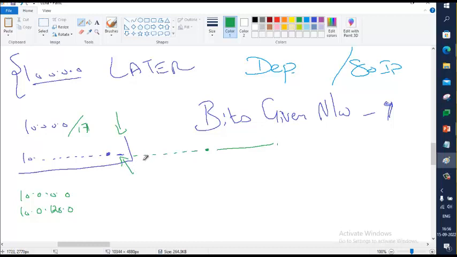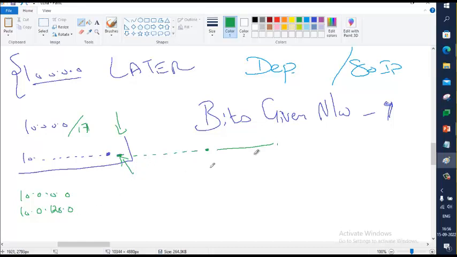The shortcut to remember this is from where you give. For example, if I give from here, I'll be incrementing by 4 because the face value of this bit is 4. 1, 2, 4, isn't it? So you need to see from which bit you're giving. I'm giving from this bit, the first higher order bit of the third octet.